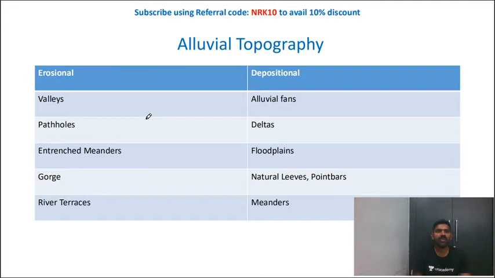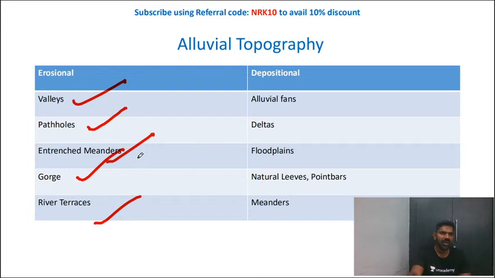Because of the rivers, some topographies are created. What are the topographies? Valleys, potholes, entrenched meanders, gorges, river terraces. All these are erosional topographies. And coming to river water topography, depositional: alluvial fans, deltas, floodplains, natural levees, and meanders. All these are depositional topographies.